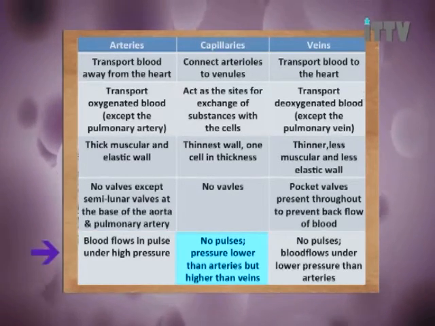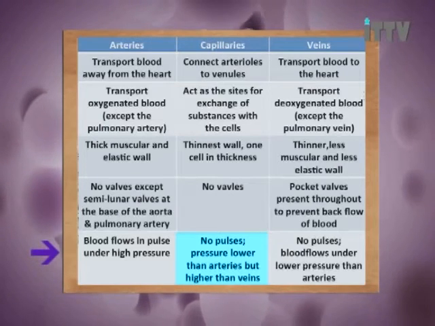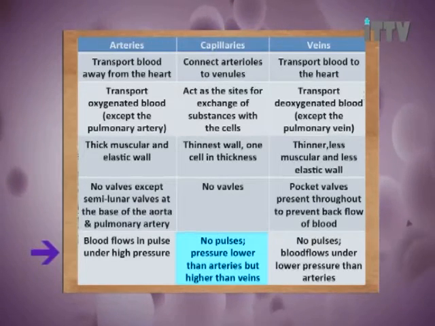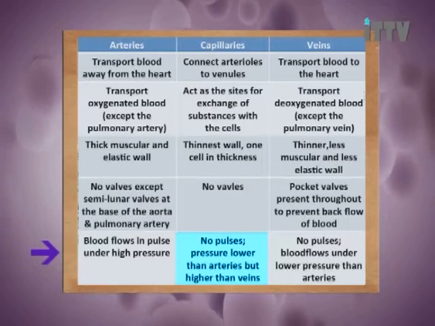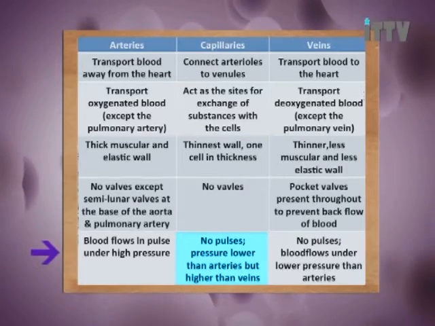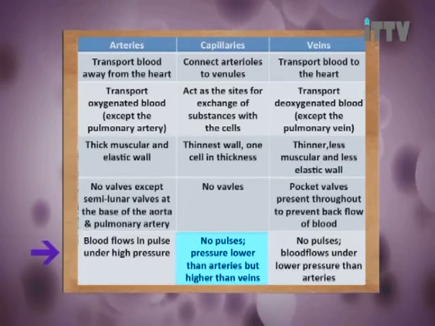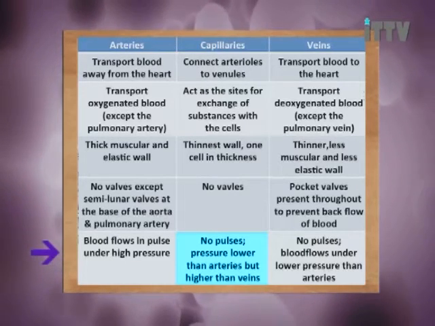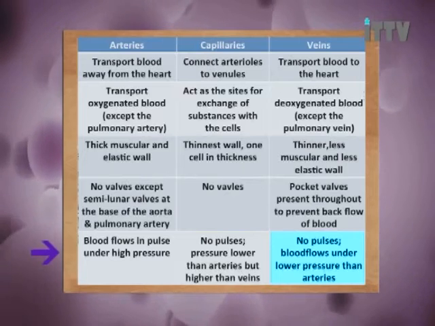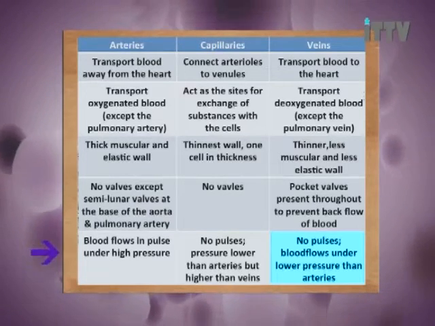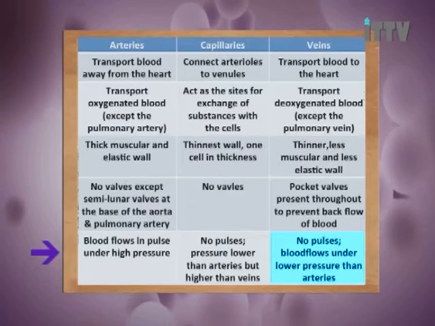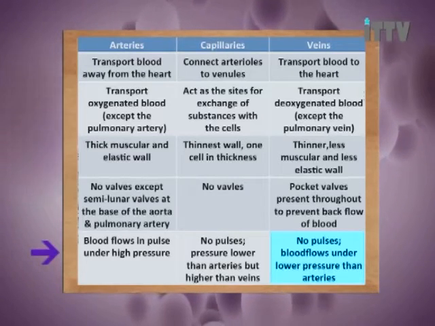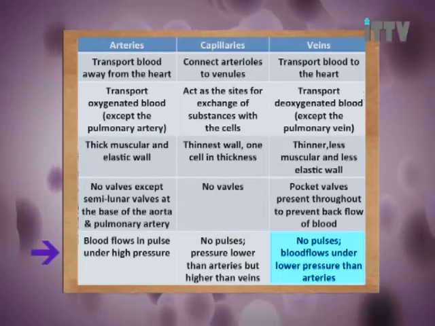However, no pulses are needed for the flow of blood in the capillaries, and the pressure is much lower than the arteries. However, the blood pressure in the capillaries is higher than the veins. The veins function in much lower blood pressure as they are merely returning back the deoxygenated blood to the heart.